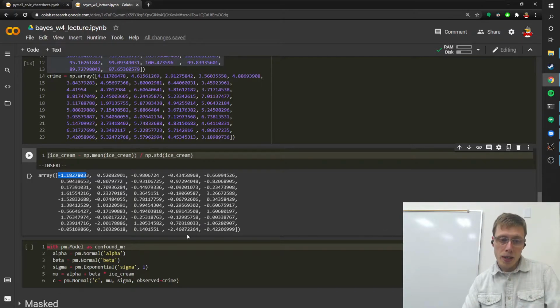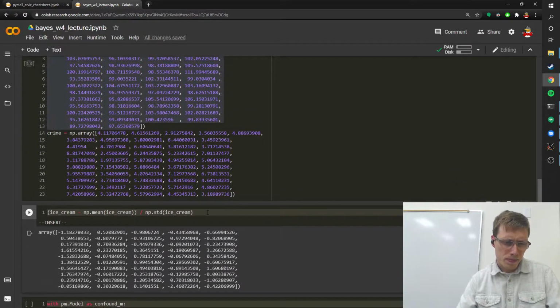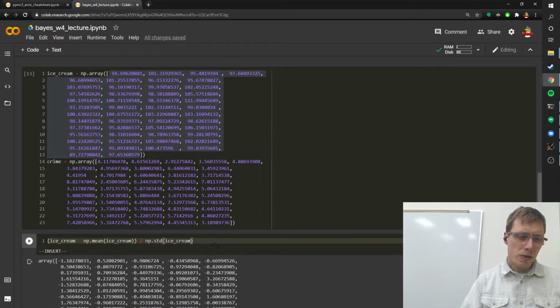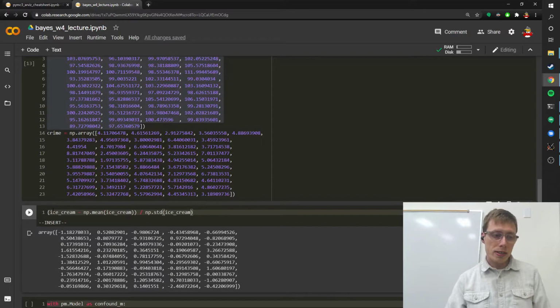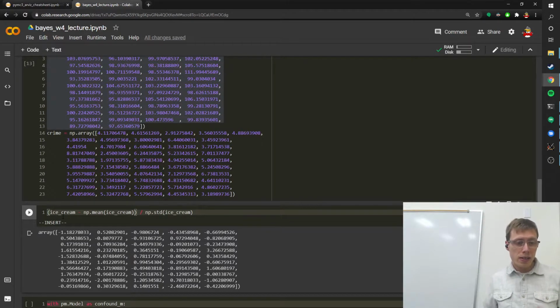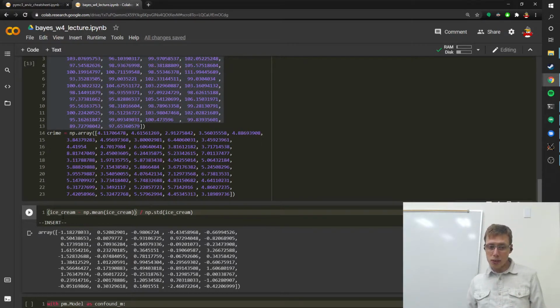And up here, there should be some equally above the mean, thereabouts. So there's one that's 3.266 standard deviations above the mean. And so if we standardize this data, we can easily put some priors on this.